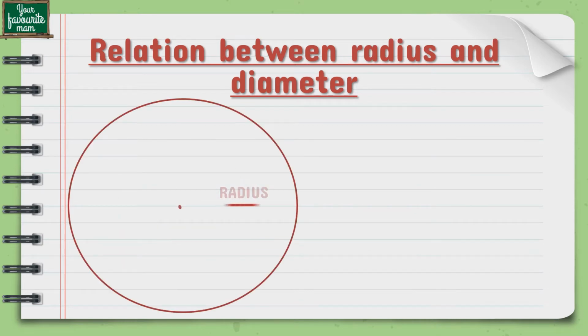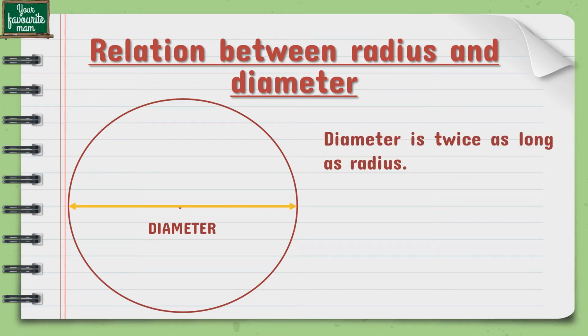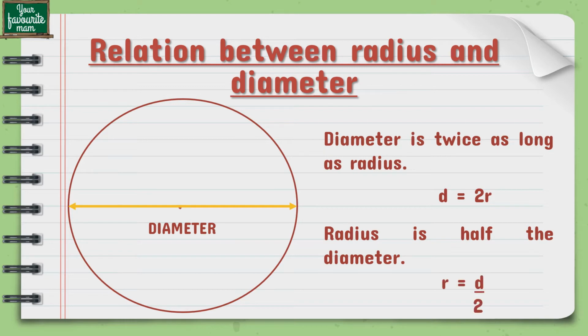So if we take two radii in a straight line, we will note that the length of these two radii is equal to the diameter. From this we conclude that diameter is twice as long as radius, which we can write as d = 2r. Also we note that radius is half the diameter. This we can write as r = d/2.